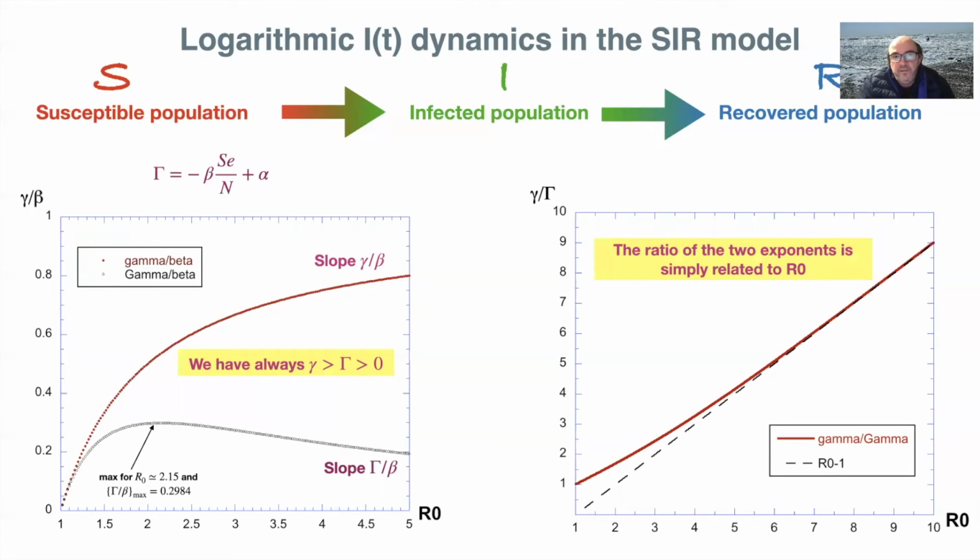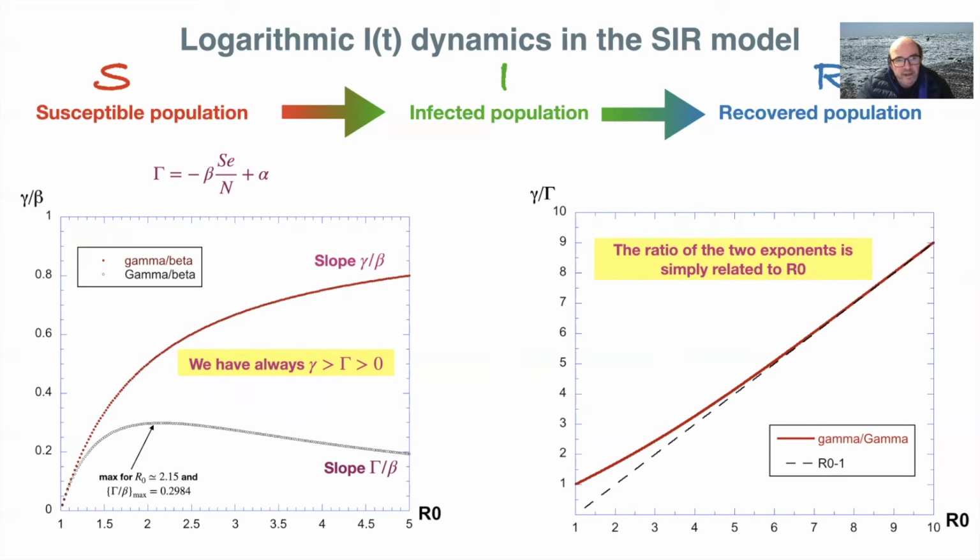By knowing the curve SE over N, we can know the evolution of capital gamma. And from this, we can plot the two of them, small gamma over beta and capital gamma over beta, versus R naught.